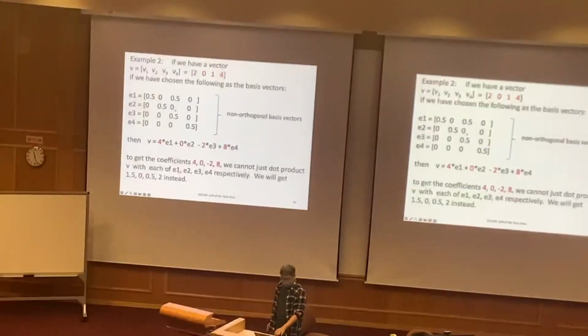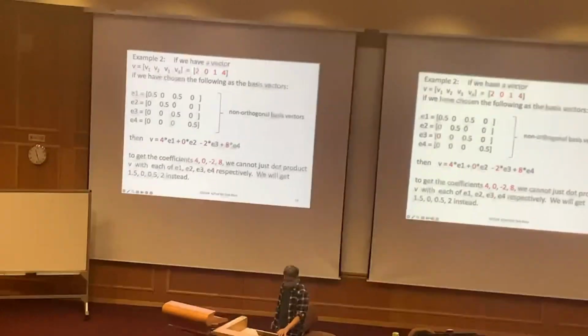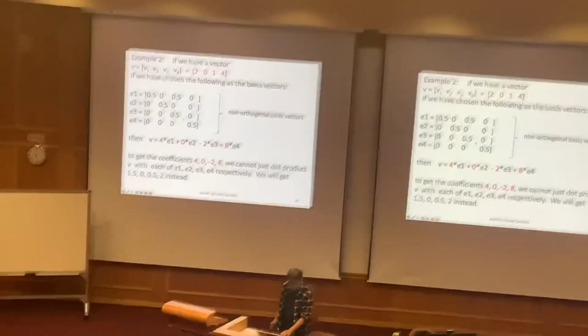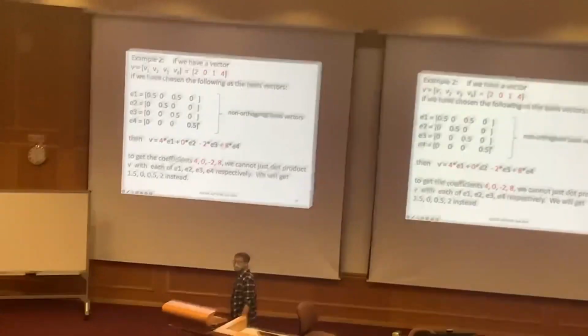What about E1 and E3? You multiply, plus multiply, do you get 0? So E1 and E3 are not orthogonal.